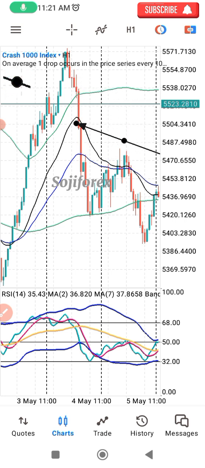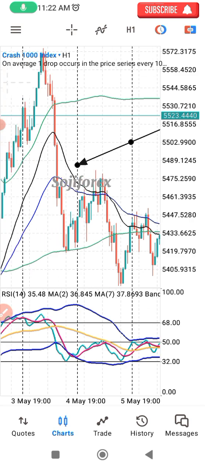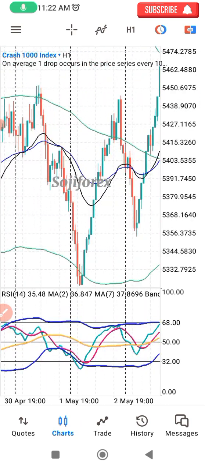So this price dropping from the upper band has confirmed to us that it's a reversal, but we cannot conclude until we have a break of trend, which is a break of structure, either by the price closing below our middle Bollinger Band line or by price action break of trend.